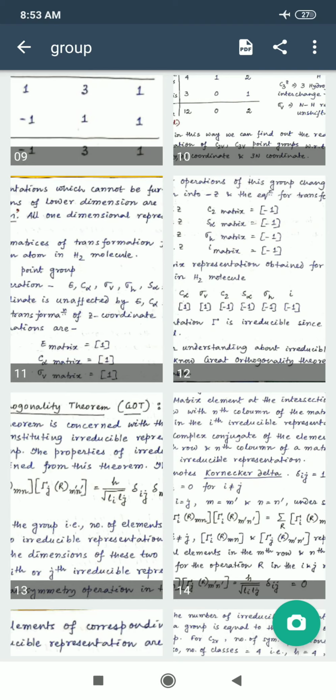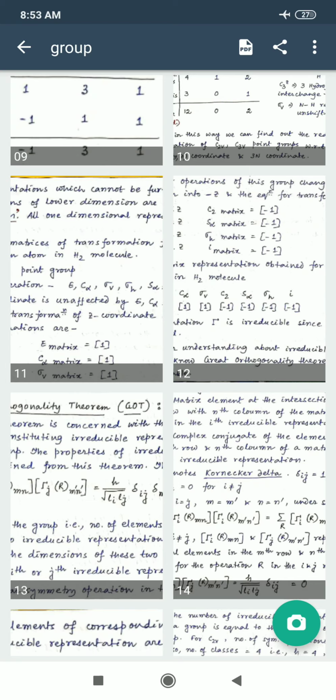Hello students, in our last class we discussed the irreducible representation and the great orthogonality theorem, and we also observed the three types of cases in the great orthogonality theorem.